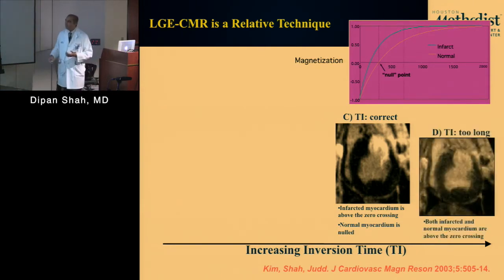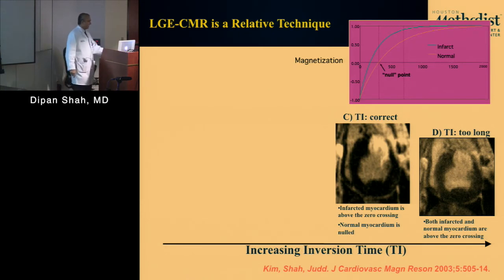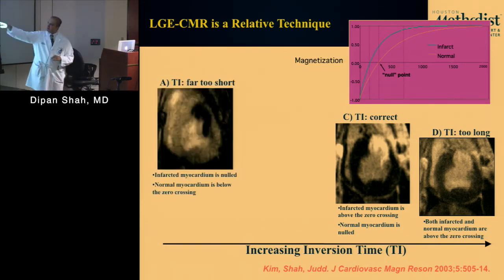Now with this technique, it's all really dependent on when I pick my quote null point. Because if I pick a null point that's longer, then you'll notice that although the area of the infarct is still bright, normal myocardium actually is not black. It's a little bit grayish in appearance, right? And on the flip side, if I pick a null point that's too short, I could actually null the infarction, right?